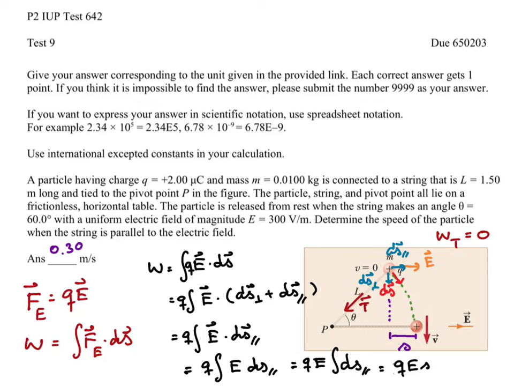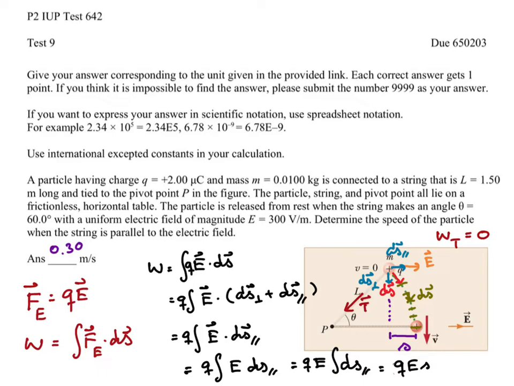When we calculate the work, we divide the path of the particle into very small segments, and for each segment we define the vector ds along the path, and then we calculate the work done on each segment and sum up to get the total work done along the path, which is equal to the integral of F dot ds. If we substitute Fe as QE, we have the work done equal to this term.